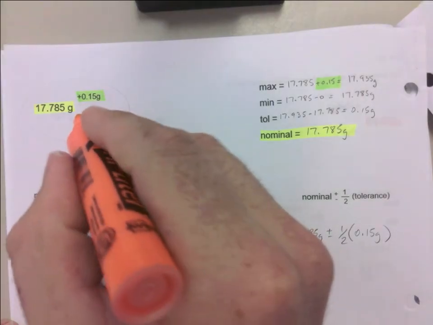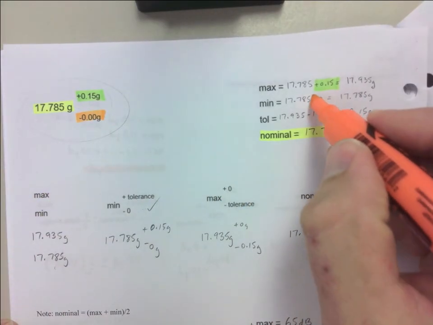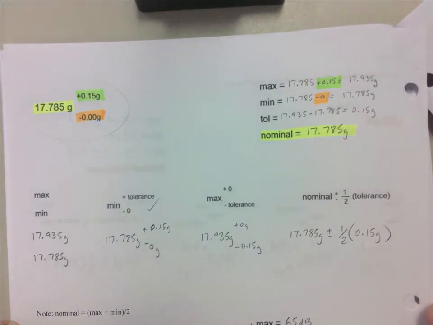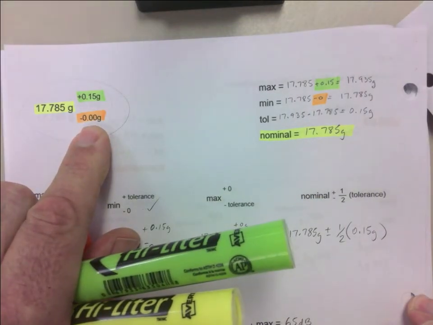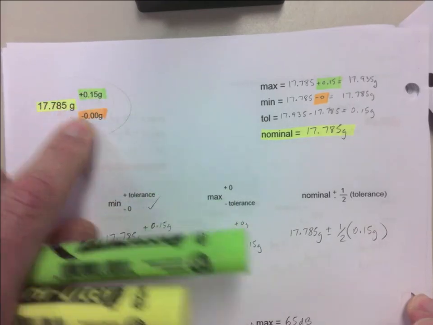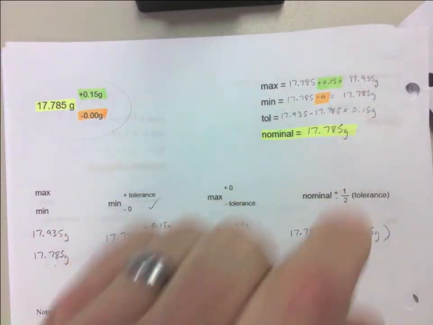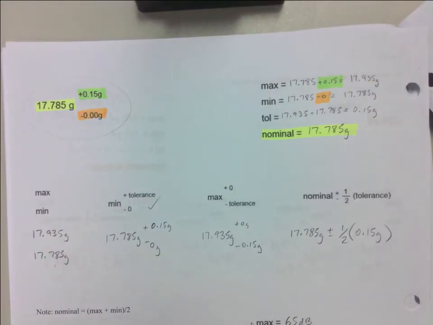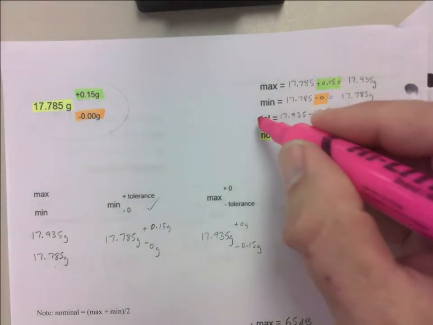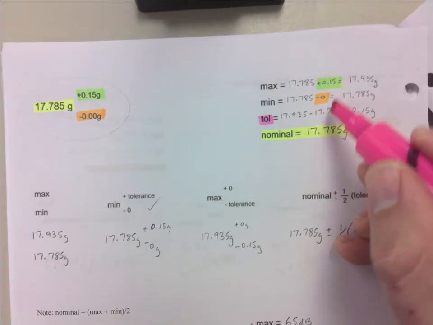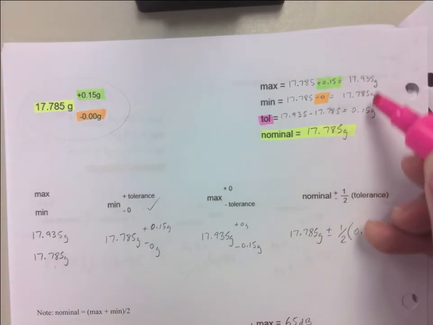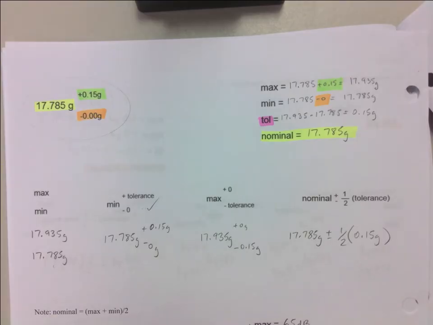And to get the minimum, I know it's irrelevant to subtract 0. I know that, but this won't always be 0. So just go ahead and go plus, minus to get your max and min. And then last but not least, you get your tolerance, right? The tolerance is you just subtract these two answers, then you get your tolerance.